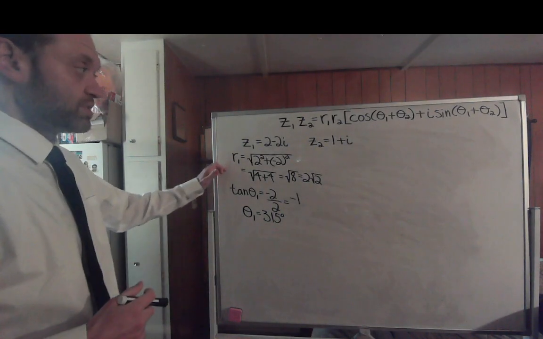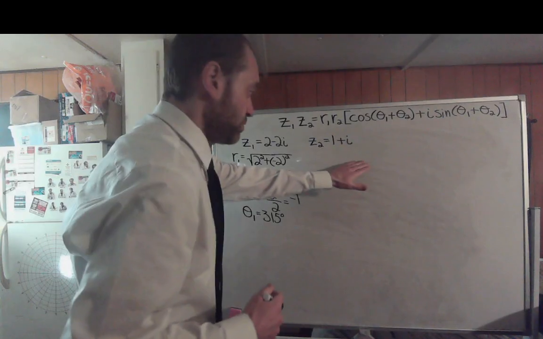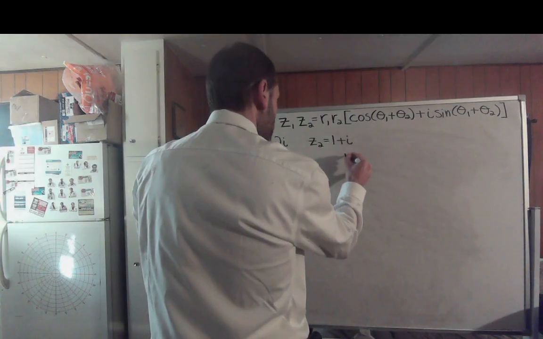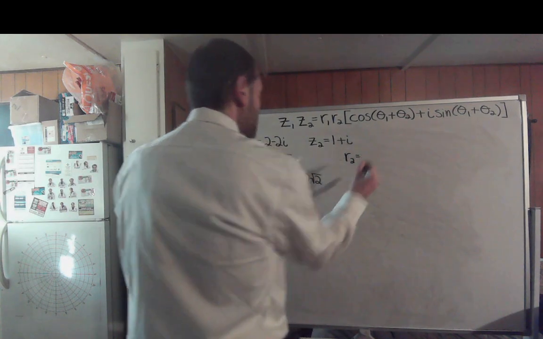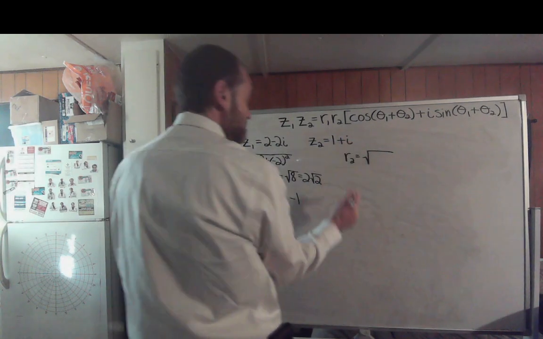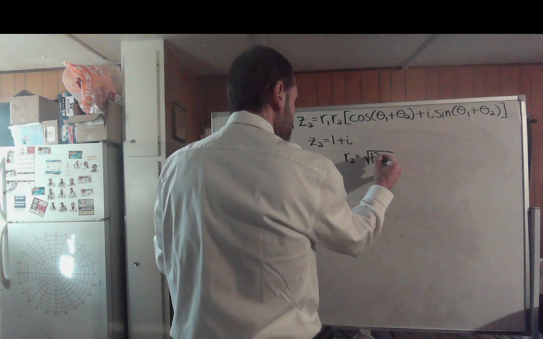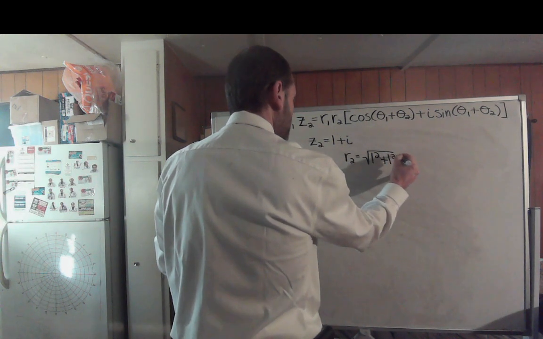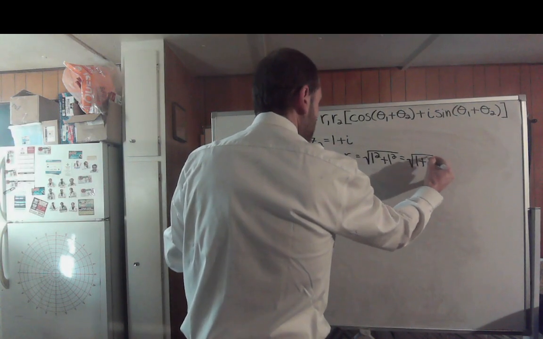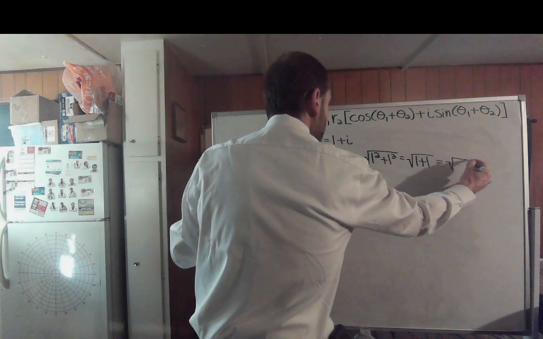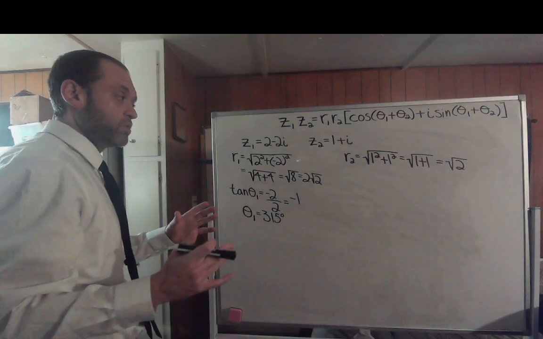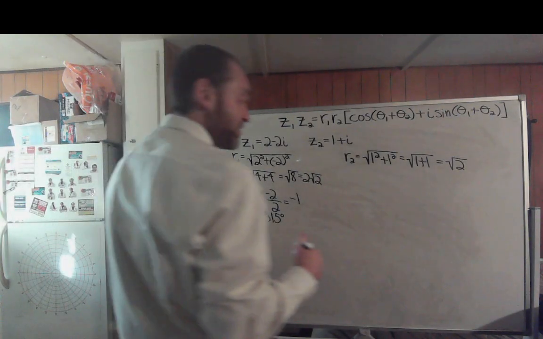Now we need to do the same for z sub 2. So let's find r2. Well, that's going to be equal to the square root of a squared plus b squared. So the square root of 1 squared plus 1 squared equals the square root of 1 plus 1, which is simply the square root of 2. So r sub 2 is the square root of 2. Now let's find theta sub 2.